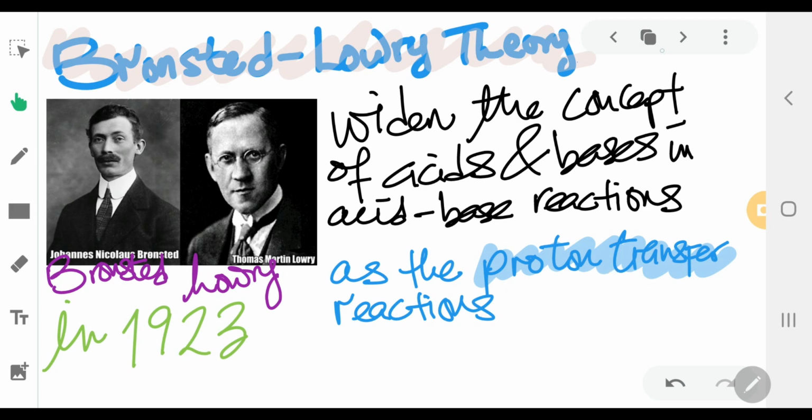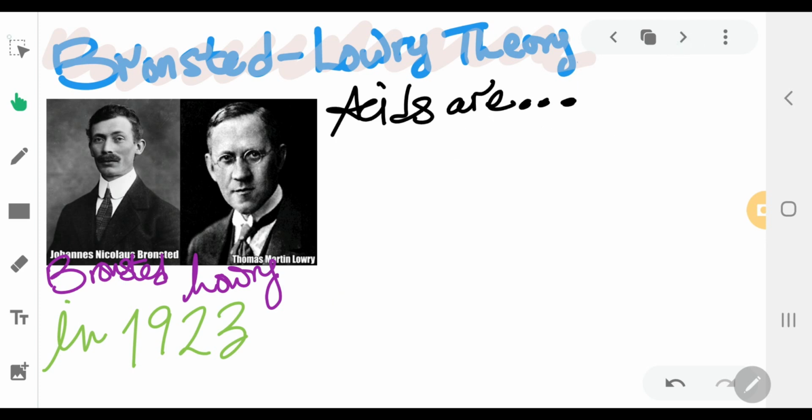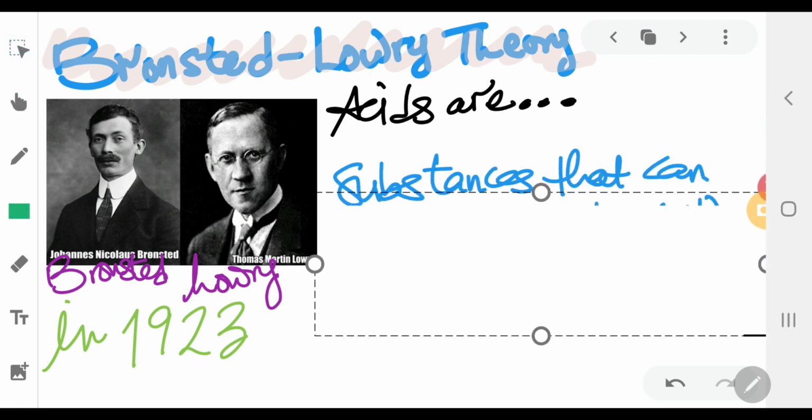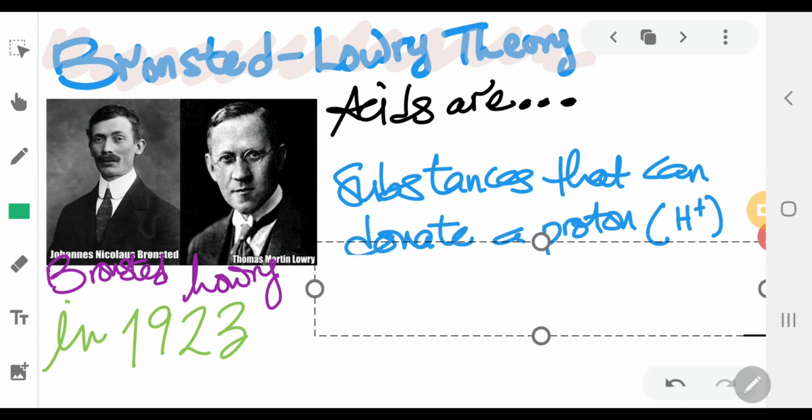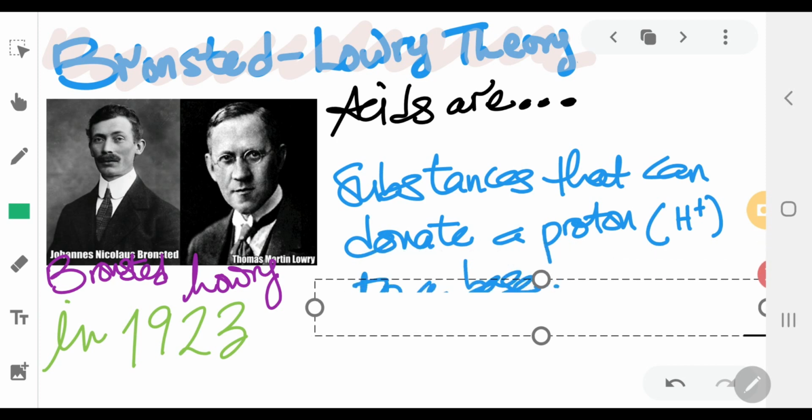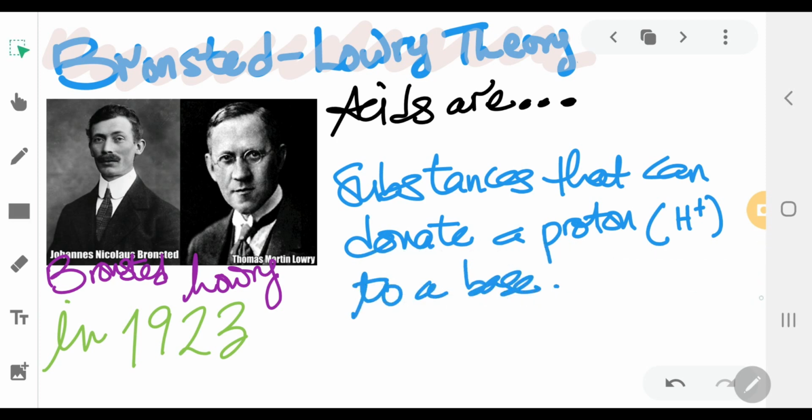So that's why the theory is able to develop the existing theory even further. Now, based on the Bronsted-Lowry theory, acids are substances that can donate a proton to the base.